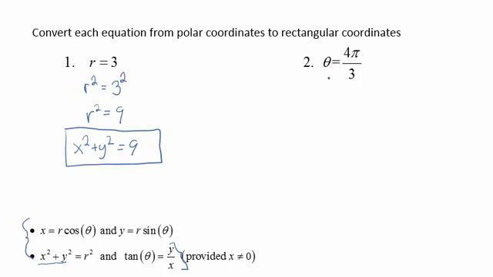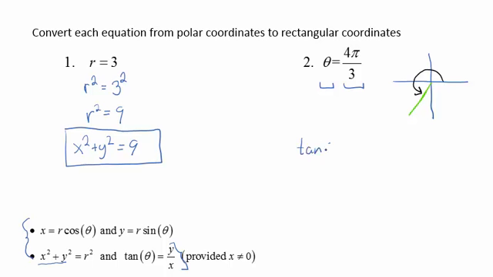Now let's look at theta equals 4 pi over 3. And recall that 4 pi over 3 is an angle on the unit circle that lives in the third quadrant. It would be an angle in this direction. To rewrite this angle theta equals 4 pi over 3 in terms of the rectangular coordinate system, we're going to take the tangent of each side.